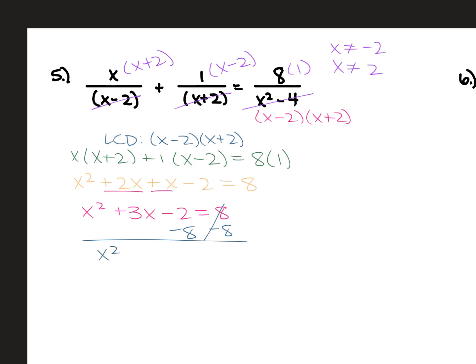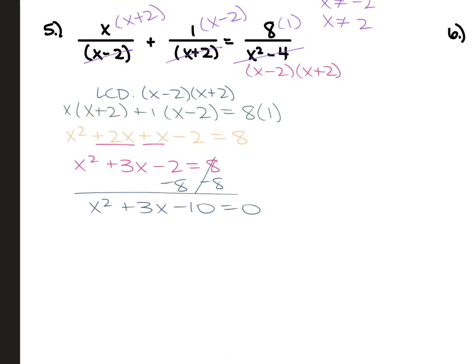We get x squared plus 3x minus 10 is equal to 0. Your factors of negative 10 that add to be 3 are negative 2 and positive 5. So that's x minus 2 times x plus 5 is equal to 0. We set these both equal to 0 and we solve.